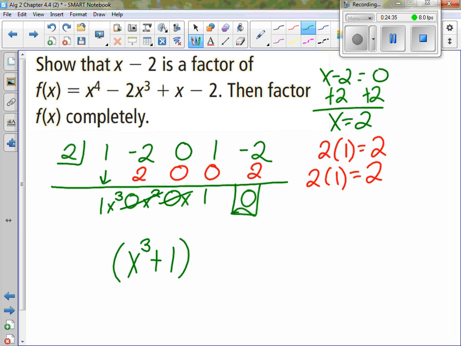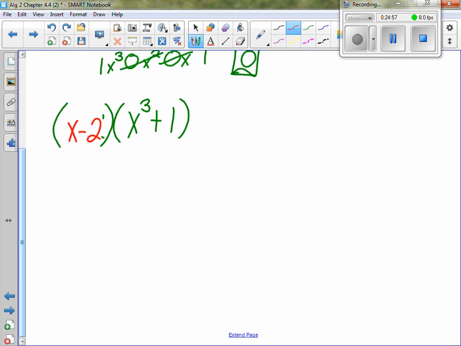Because the x squared term and the x term are both 0, they simplify out because they have 0 in front of them. We don't need them. And our other factor is x minus 2, not plus 2. It's going to be x minus 2.